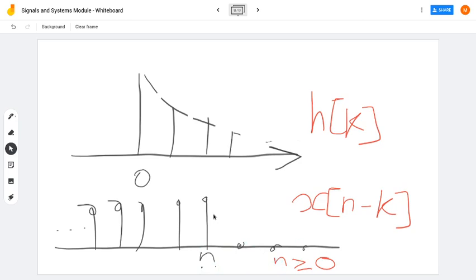The only non-zero values would be from k equals 0 up to k equal to n. Again, multiplying these two together, the only values that will remain will be from k equals 0 up to k equal to n.